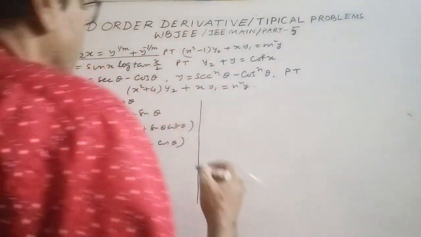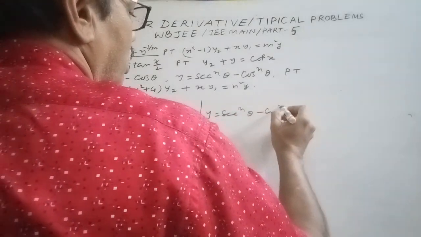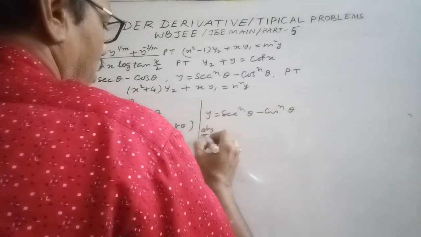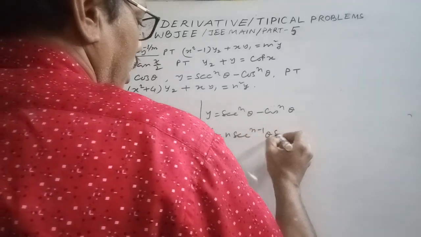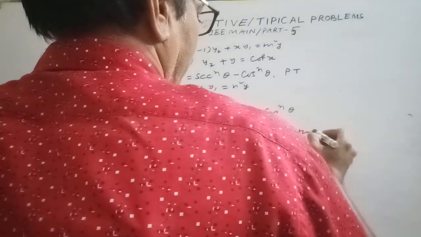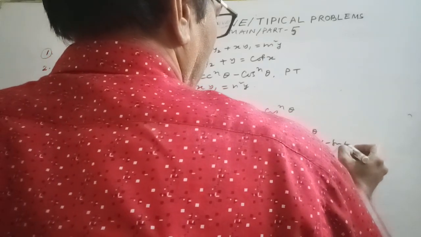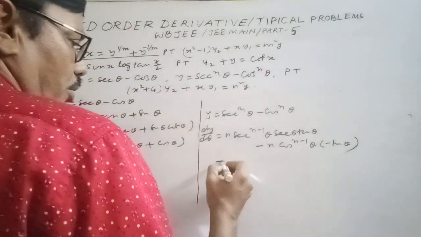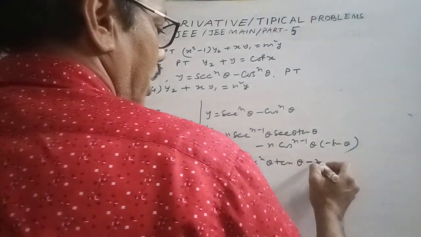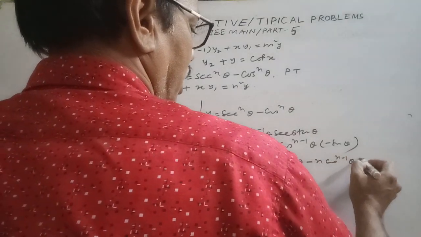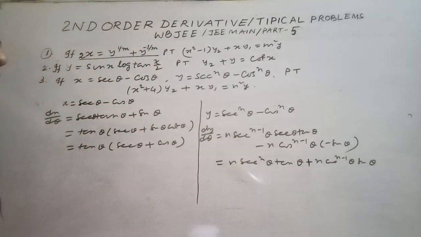Now what is y? y equals sec to the power n theta minus cos to the power n theta. dy/d theta is n sec to the power n minus 1 theta into sec theta tan theta, minus n cos to the power n minus 1 theta into minus sin theta. So n sec to the power n theta tan theta plus n cos to the power n minus 1 theta sin theta, minus minus plus.